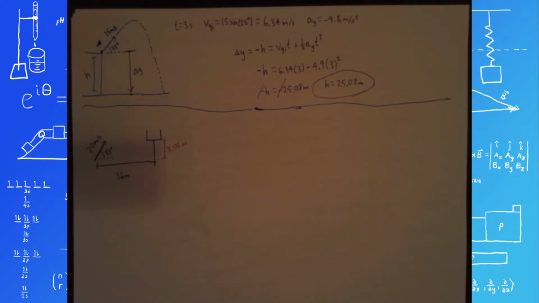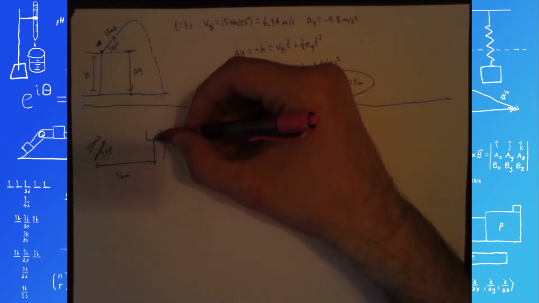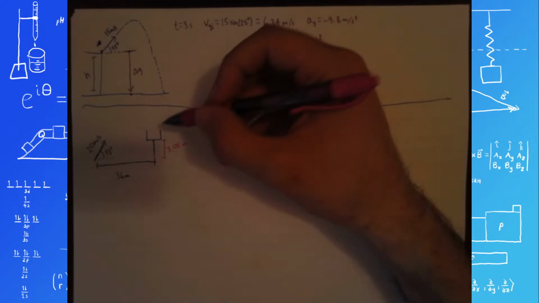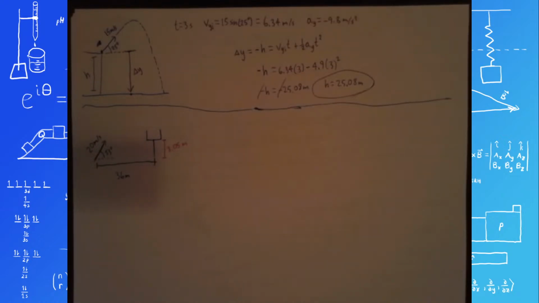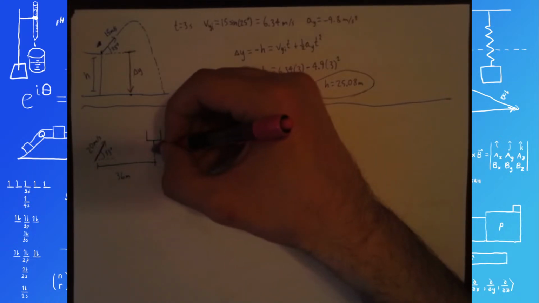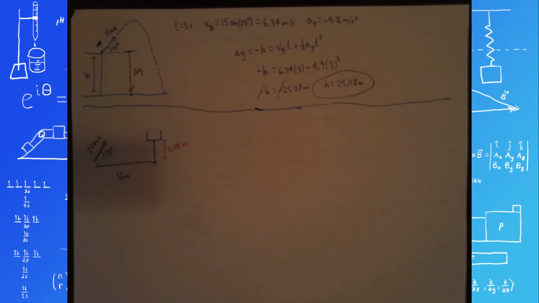So by how much does the ball clear or fall short of clearing the crossbar? Clearing the crossbar means getting above it, so getting to 3.05 meters high or higher. That would be considered clearing the crossbar. Falling short of clearing means not clearing it, means landing lower than 3.05 meters.